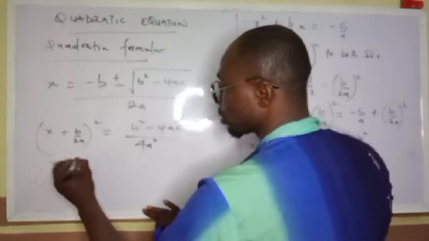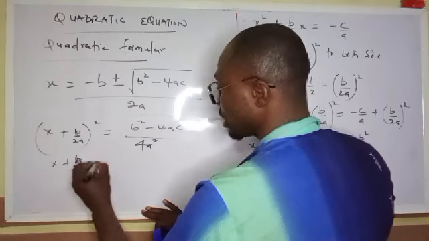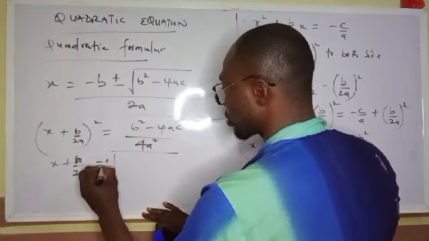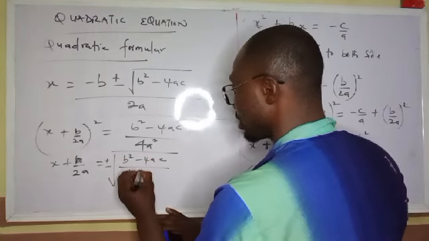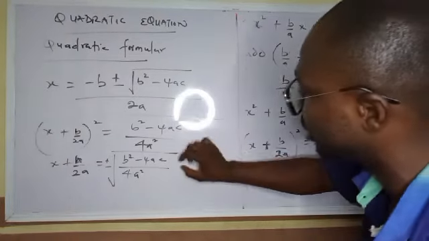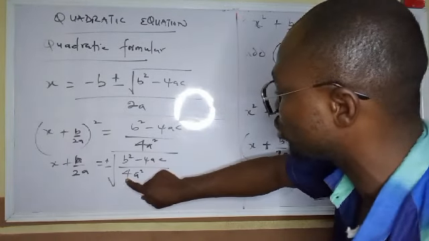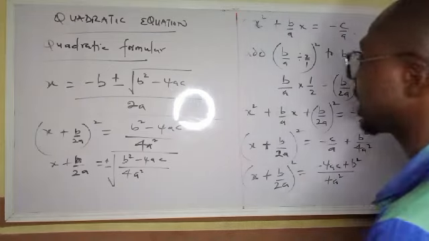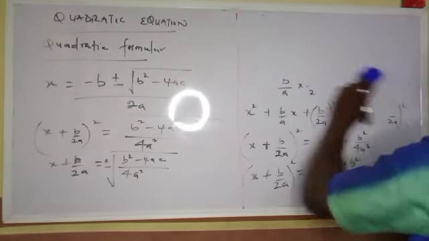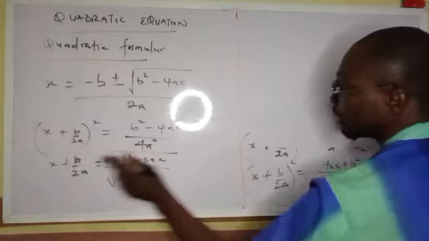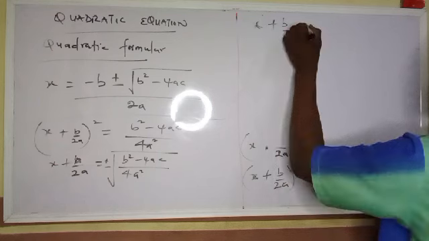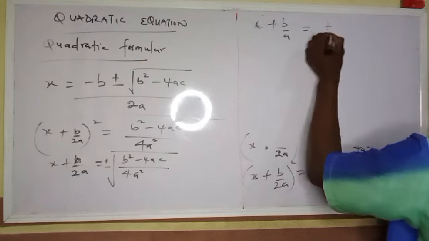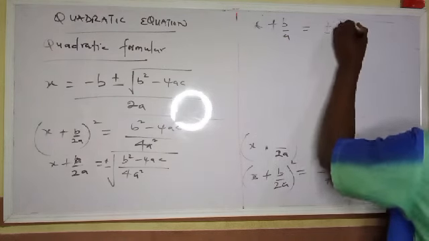We have x plus b over 2a is equal to plus or minus the square root of b squared minus 4ac all over 4a squared. If we take the square root of the denominator, the square root of 4 is 2 and the square root of a squared is a. So that we now have x plus b over 2a is equal to plus or minus the square root of b squared minus 4ac all over 2a.